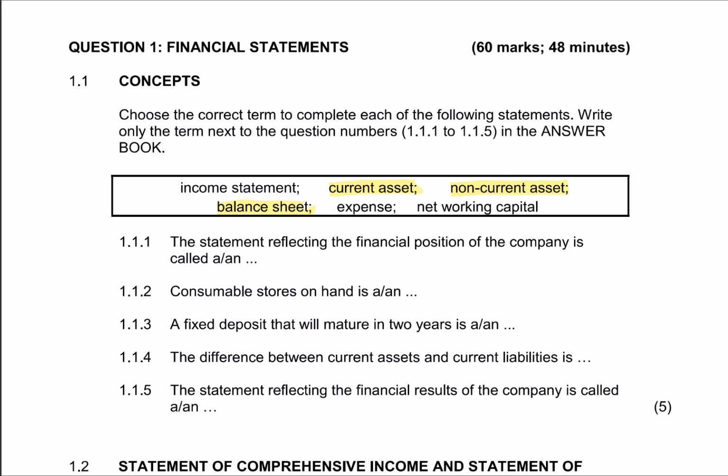Then the difference between current assets and current liabilities, that's net working capital. The statement reflecting the financial results of the company is called an income statement.